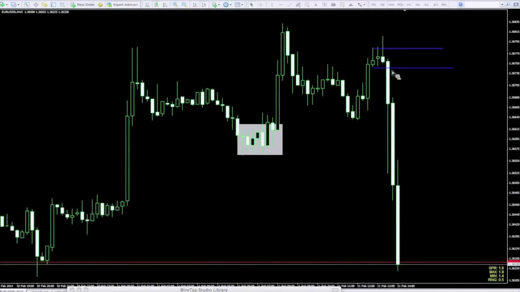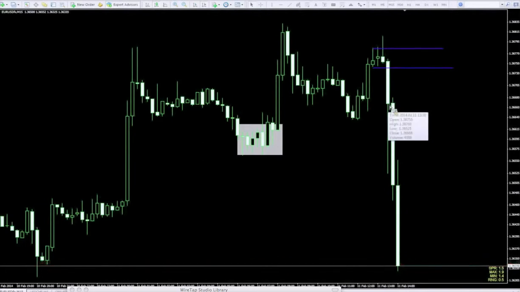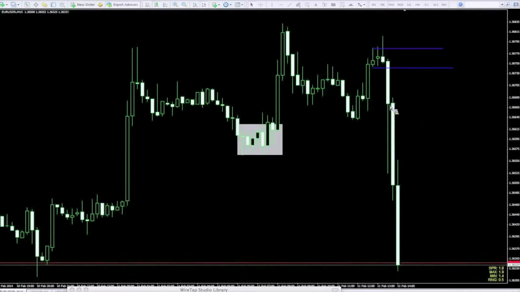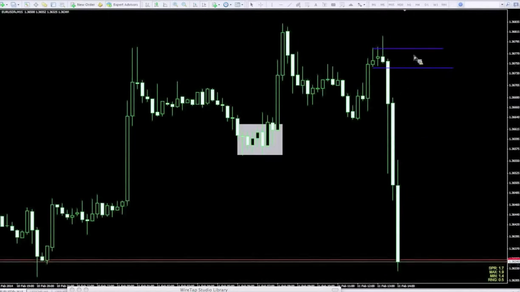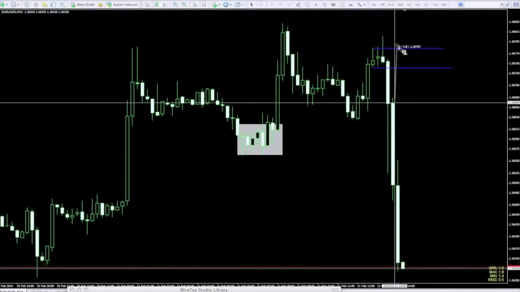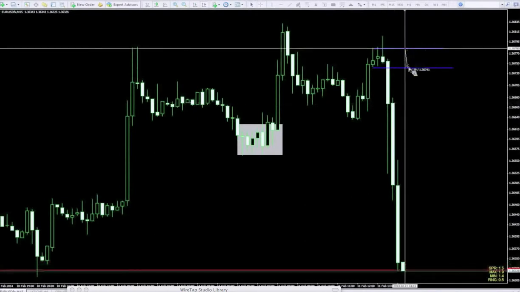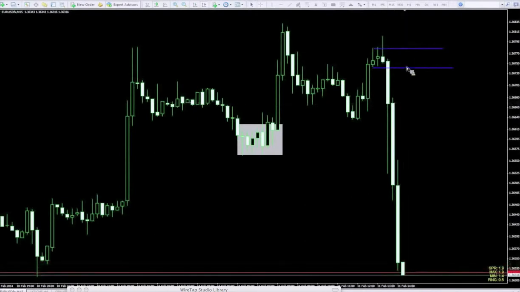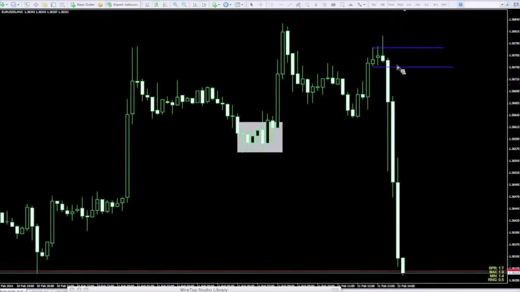So for those traders that wanted to take a conservative entry, the conservative entry would have been, I'm sorry, at the close of this candle, and this candle closed outside of our trap, we would enter short at the next candle. Our stop loss would be the back of the box. In this case, it's an 11 pip stop, which is too much based on the size of the box. You don't want the stop to be dramatically larger than the size of the box. All right.